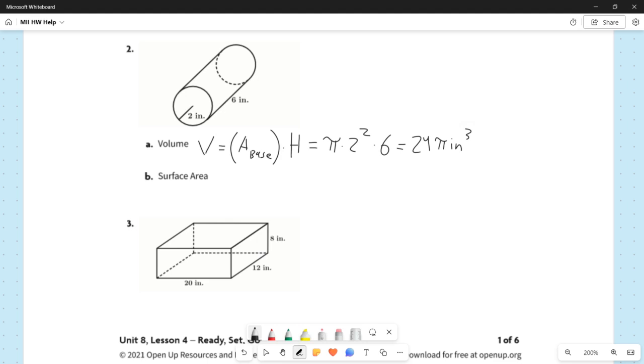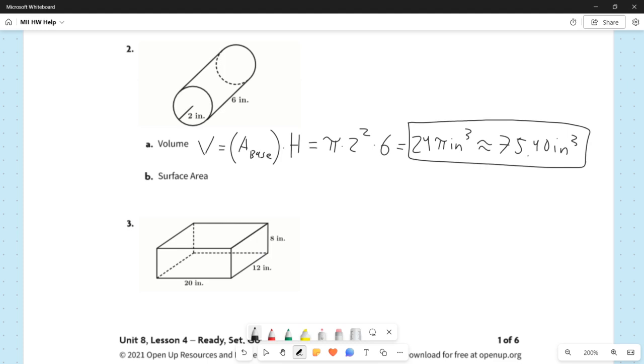So 24 pi inches cubed, or cubic inches. And if I want an approximate answer here, we simply plug in for pi, and we get 75.4 cubic inches. And those are two forms of the same answer for volume.